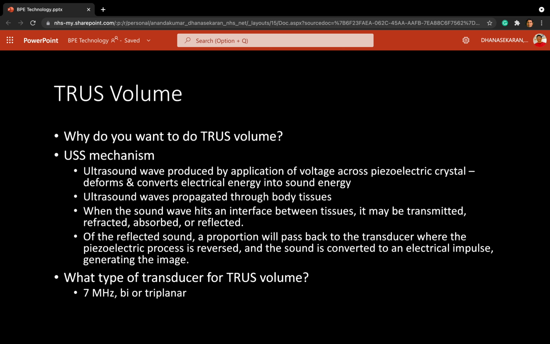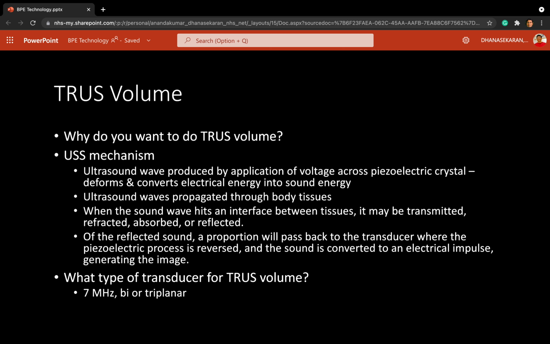Okay, how does the ultrasound work in a TRUS machine? So with a TRUS machine, a probe is inserted transrectally, and the tip of the probe contains an ultrasound transducer.